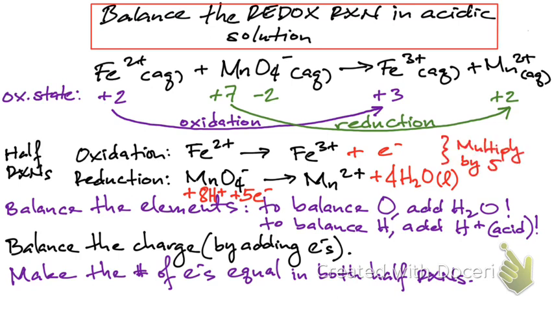All right, so we multiply that by 5, you will distribute the coefficients. 5 here, here, and in front of the electrons. So now that the number of electrons are equivalent, we can now add the 2 half reactions back together.